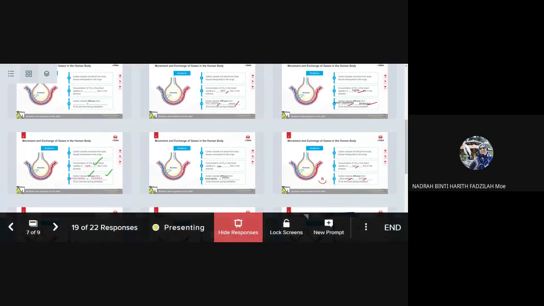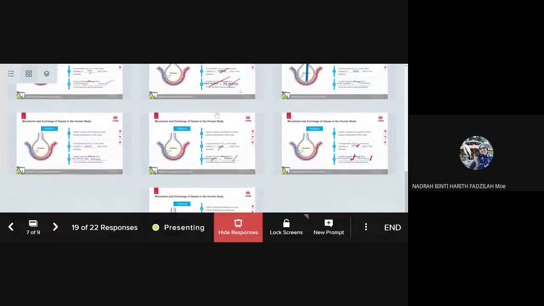We will take a look at what the wall of that structure has, what the internal structure is, what is the design, and how it helps in the function of that particular structure. Atau dalam bahasa in simpler form, kita sentiasa mencari the name of the adaptation, the characteristic of the adaptation and the function for that particular adaptation.